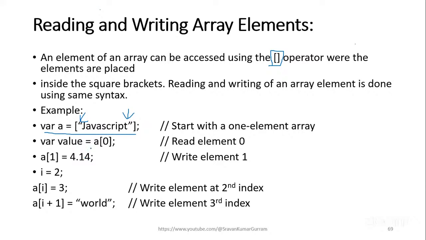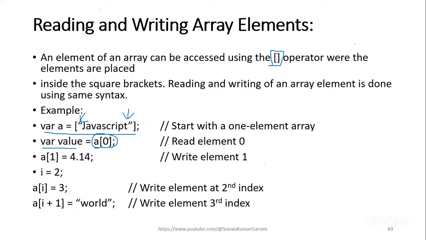Next, suppose I have an array and I stored some elements. I want to assign one array element to another variable. How to assign that? Very simple. See, variable value, where value is a variable name, and we are storing a of 0. A of 0 means a is an array, 0 is an index.